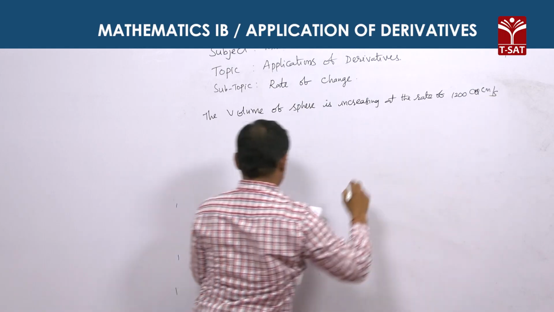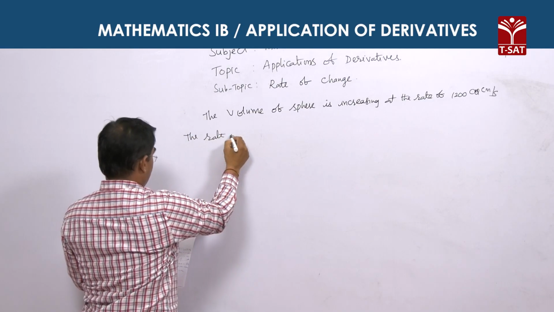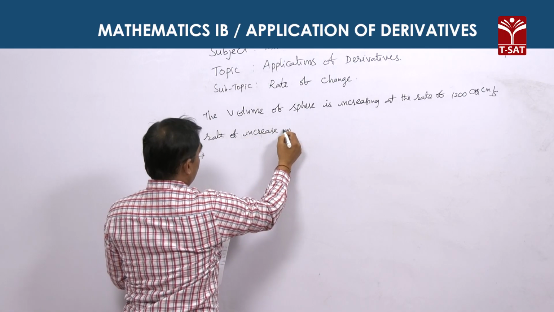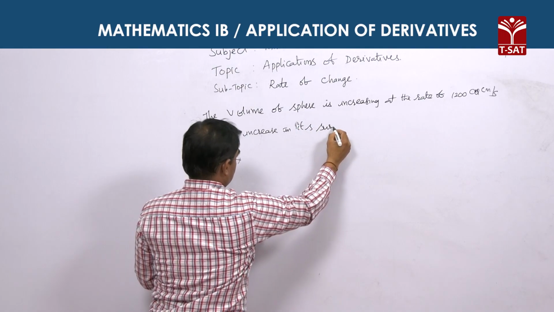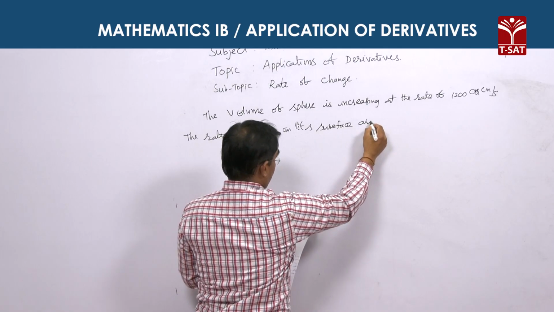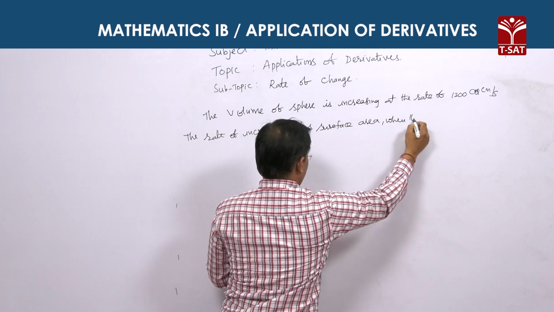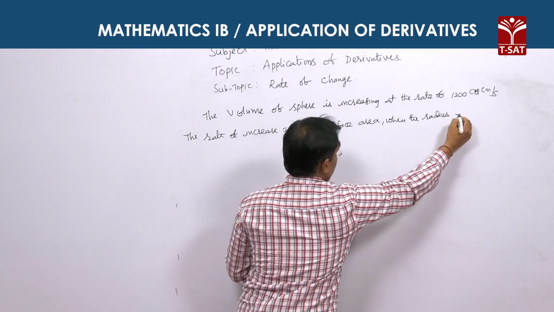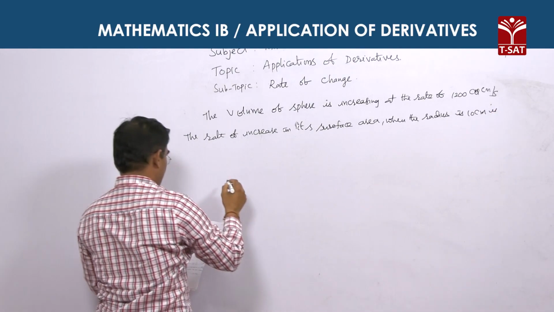The rate of increase in its surface area when the radius is 10 centimeters is dash.